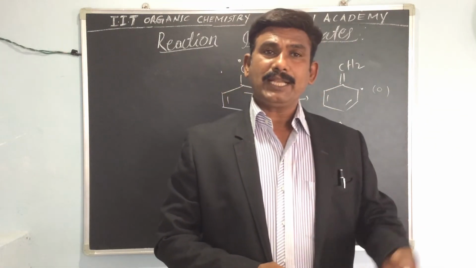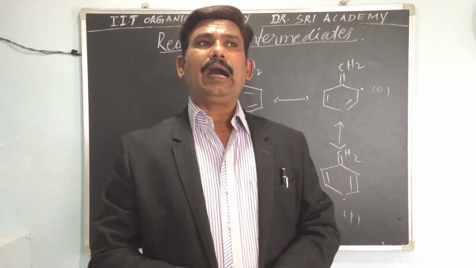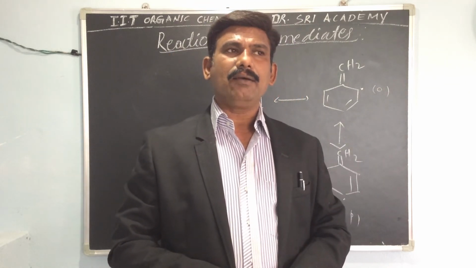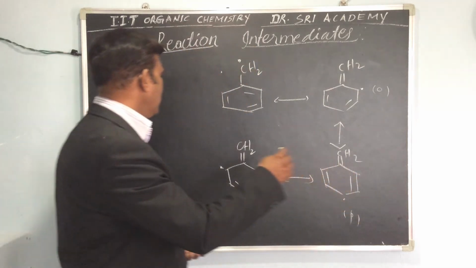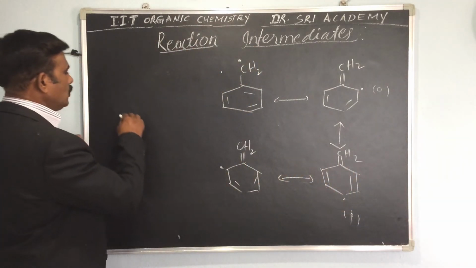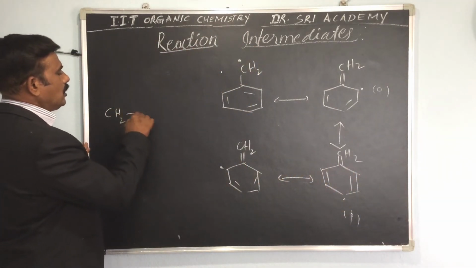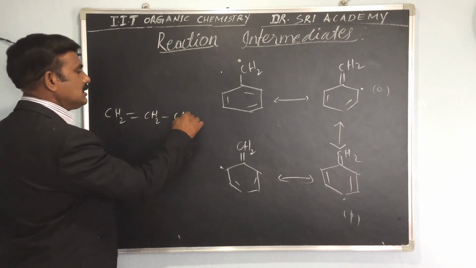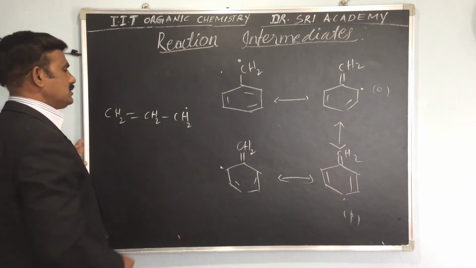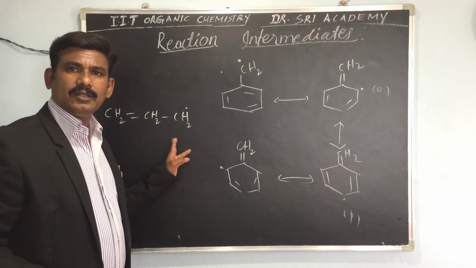Okay, one more example, for example alkene. We have to take one example of an alkene. So CH2 double bond CH2, with CH2 free radical. This is the free radical. So how?